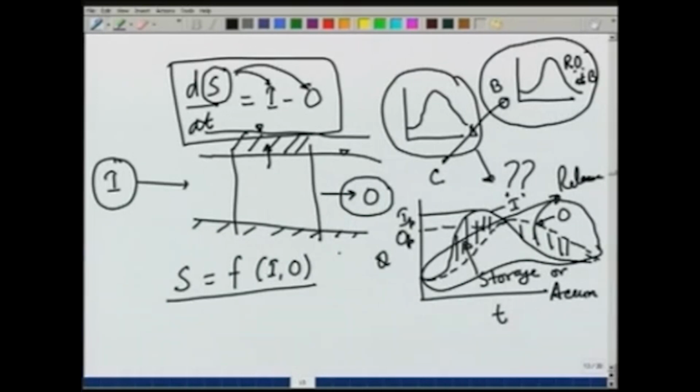Right now, we will not go further into this discussion, but this S has to be described as a function of I and O.